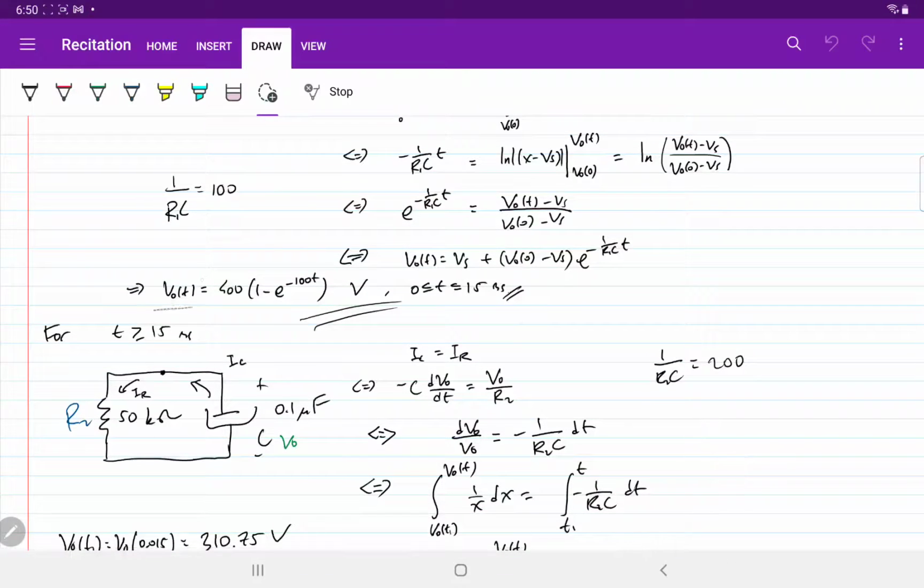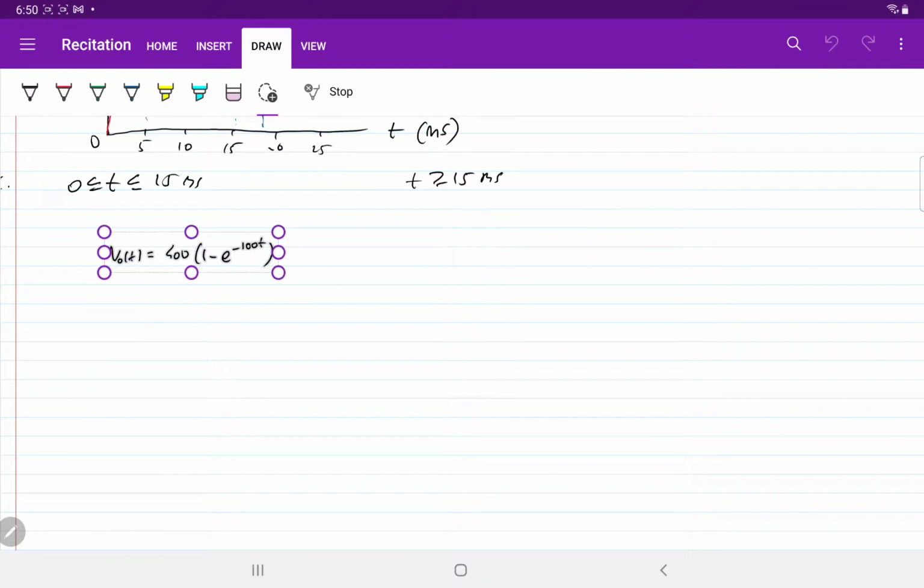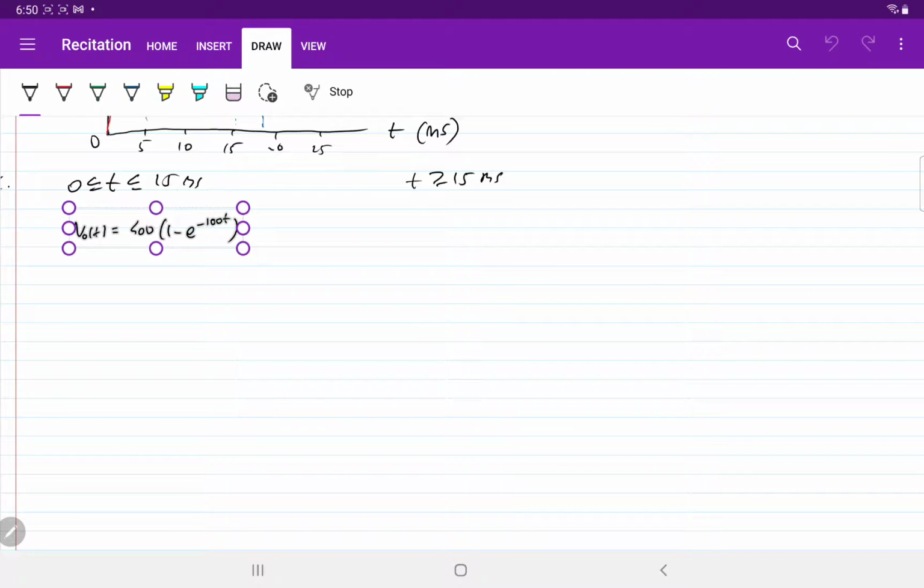Let me copy it. So plug in 200 there, and we want to find t.